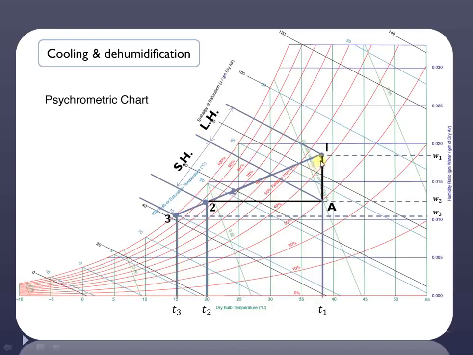So the given 1 to 2 process can be split into two parts. 1 to A, that is nothing but the dehumidification process, and from A to 2, that is nothing but the cooling process. So therefore the total process is the cooling and dehumidification process.